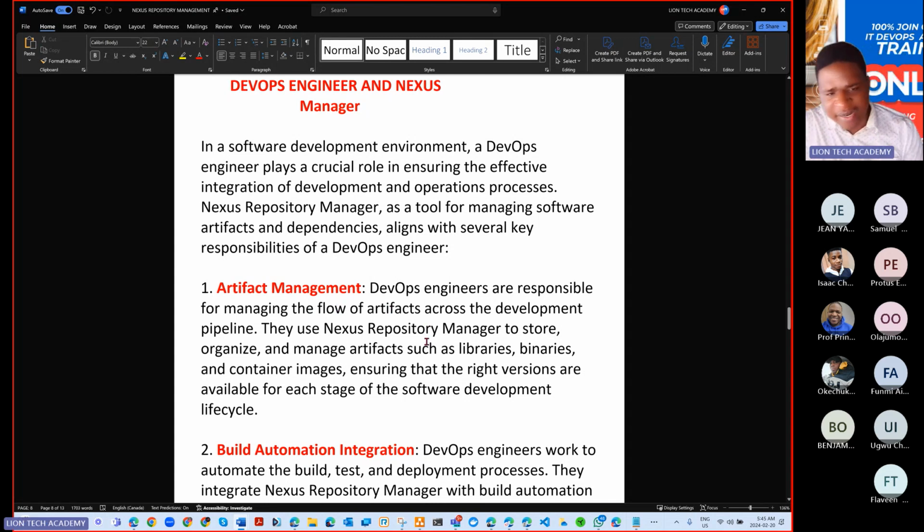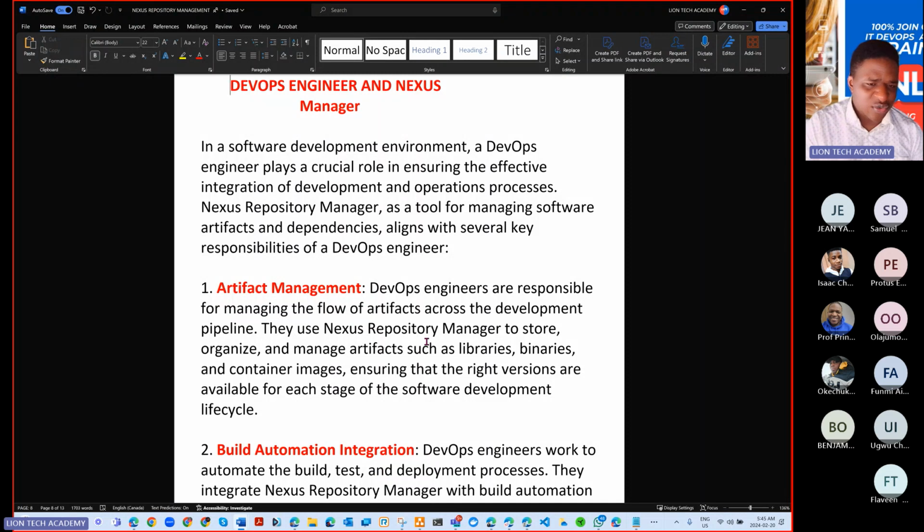DevOps engineers are responsible for managing the flow of artifacts across the development pipelines. They use Nexus Repo Manager to store, organize, and manage artifacts, like libraries, binaries, and container images, ensuring that the right versions are available for each stage of the software development lifecycle.